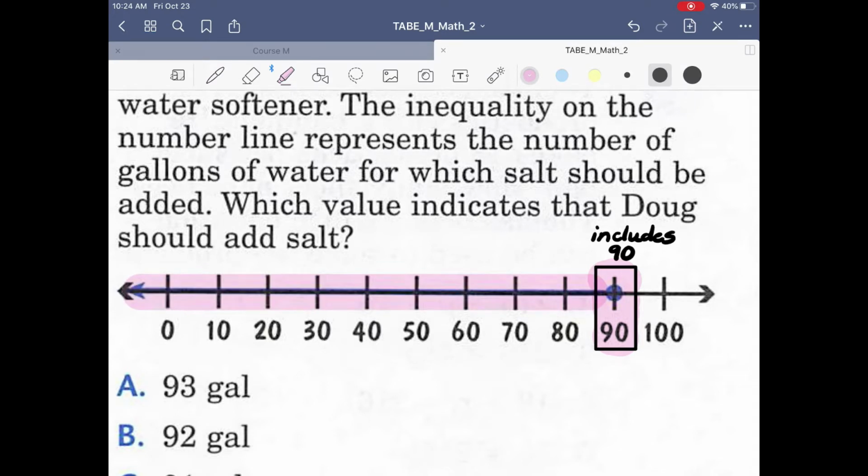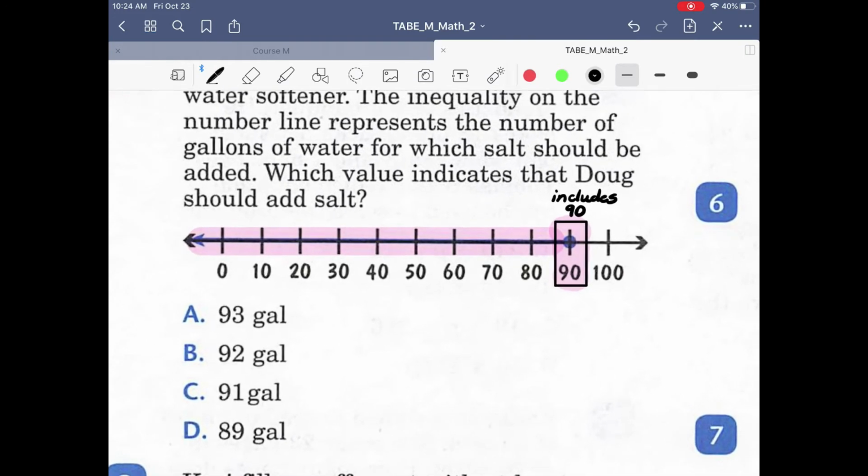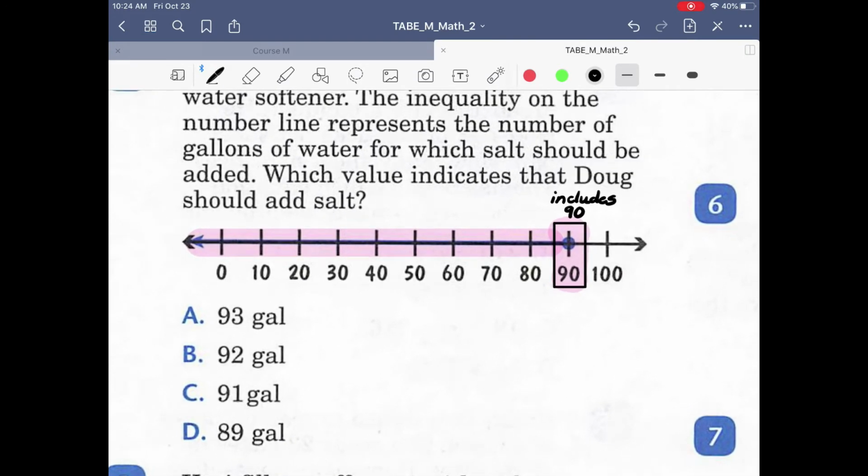So we're saying that at 90 or less, he needs to add salt. So which of these would fit in that interval? The interval is at 90 or below, so it can be 90 itself or less than that.